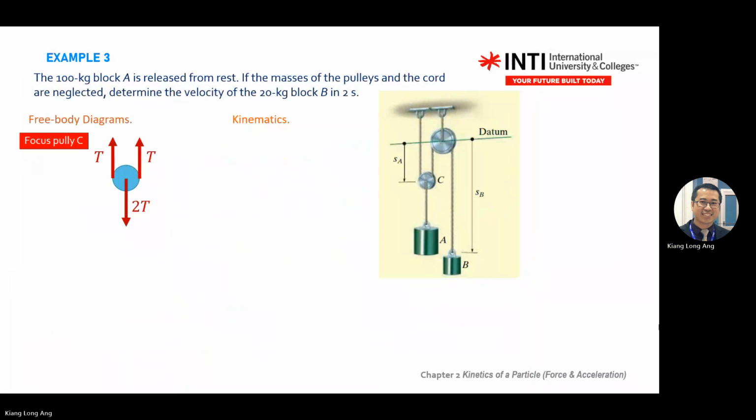Then what is equal to 2T? 100 times 9.81, or W of A. Again, don't substitute values first. Generate the equation first. So your 2T will equal mg, or WA.